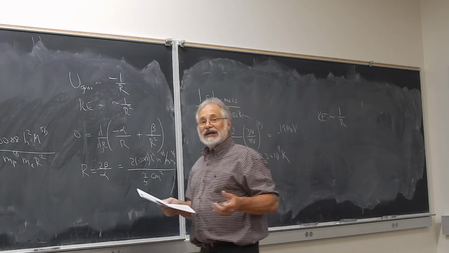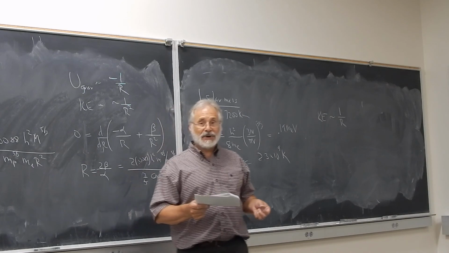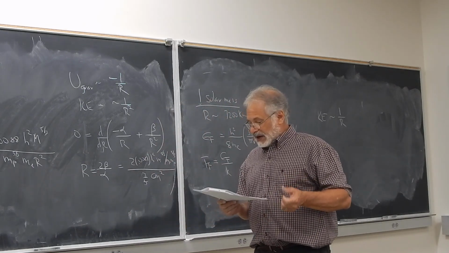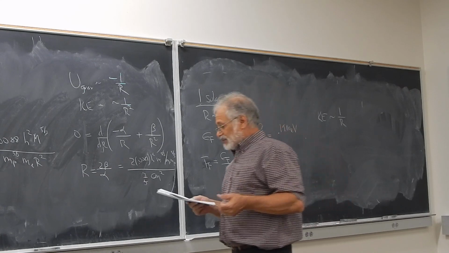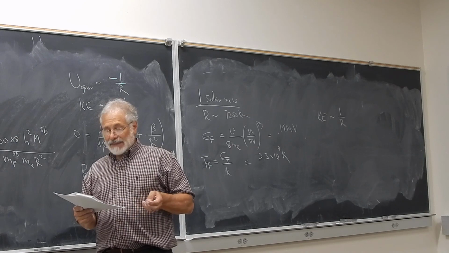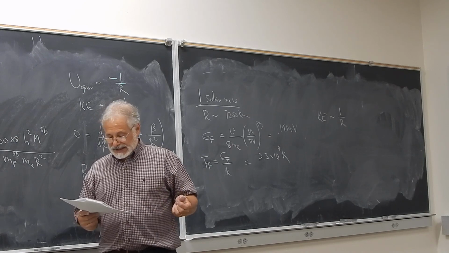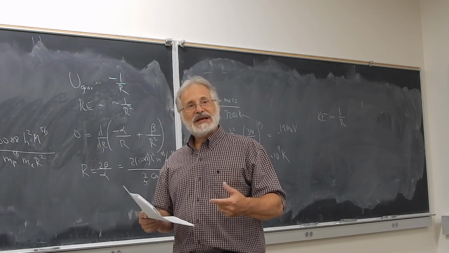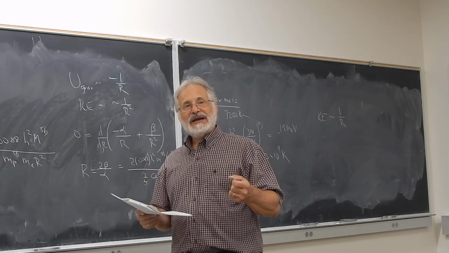Now I have an unstable minimum for the total energy. So in the case of an ultra-relativistic term, I'm not going to be able to solve this in the usual way. Let's do this next time.